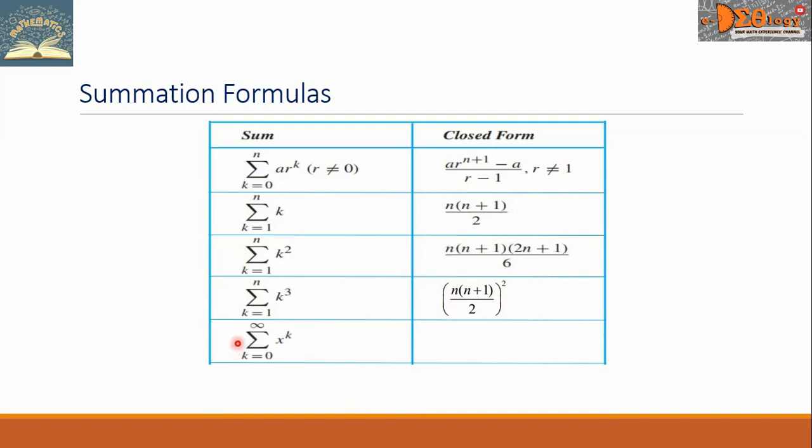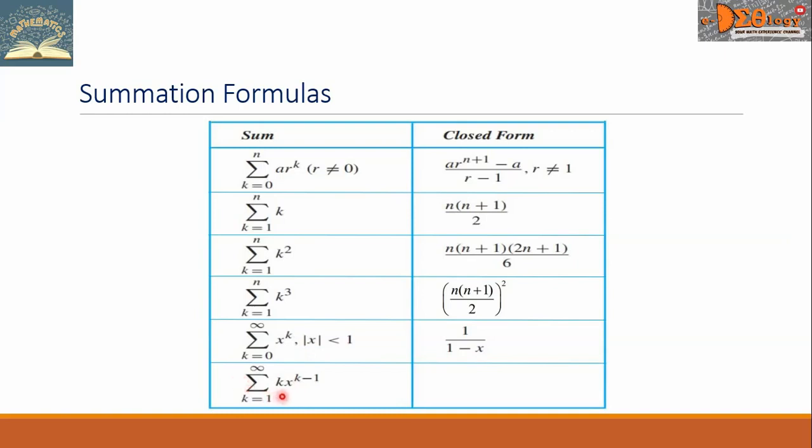Next is summation of x raised to k, where k equals 0 up to infinity, given that the absolute value of x is less than 1. And the form is 1 over 1 minus x.